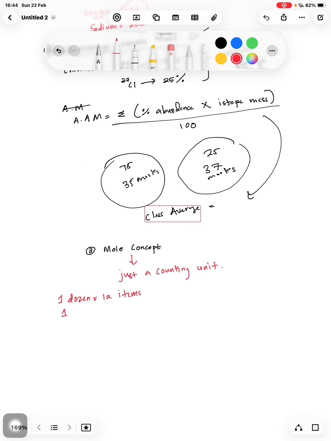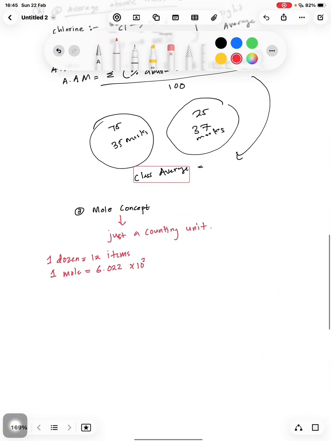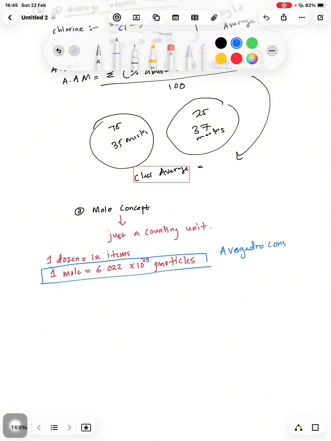Likewise, 1 mole is equal to 6.022 into 10 to the power 23 particles. That's all. This number is called Avogadro constant. It is not a random number.